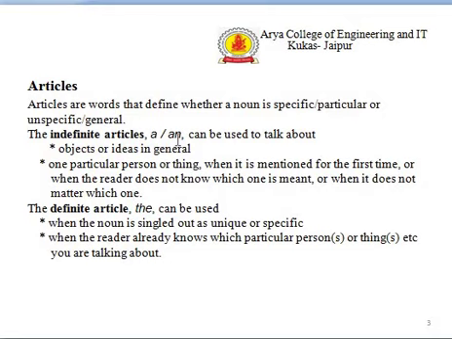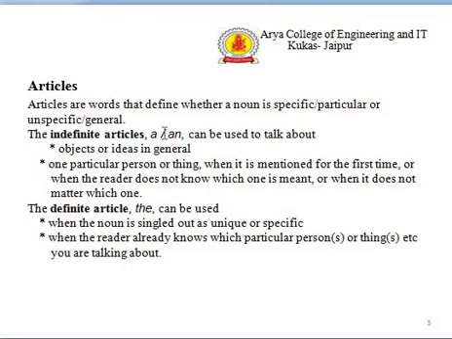They are used to talk about any object, any noun or idea in general, or one particular person or thing, when it is mentioned for the first time, or when the reader does not know which one is meant, or when it does not matter which one, that is anyone in the general sense. That noun can be put with a or an.